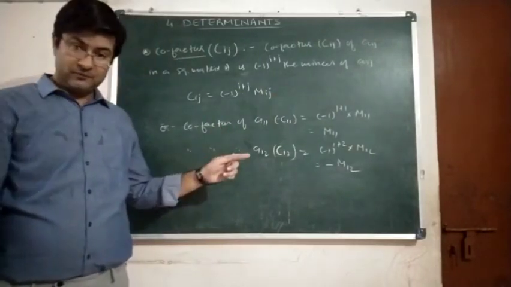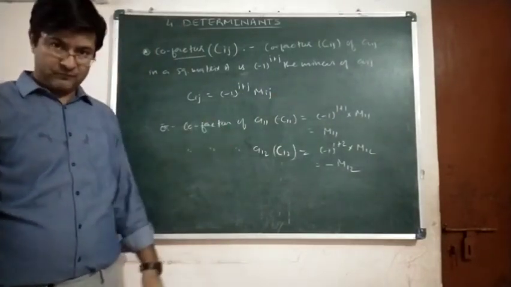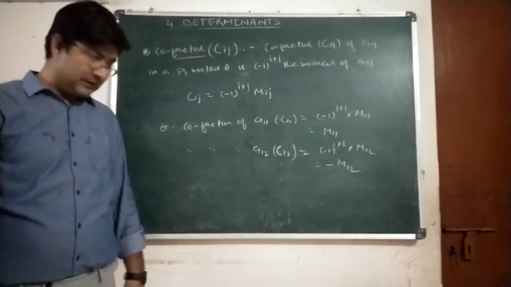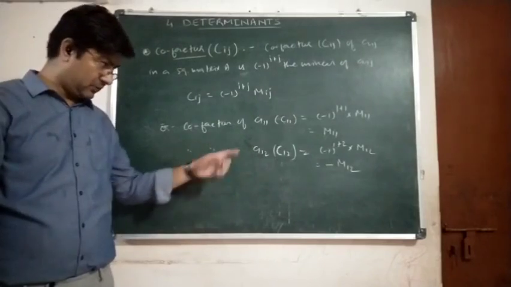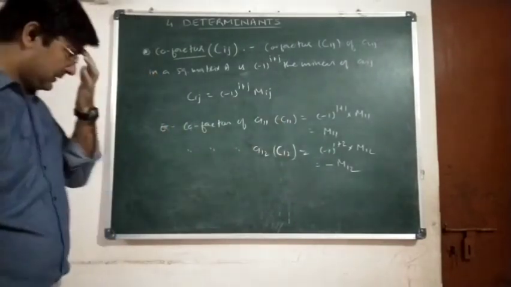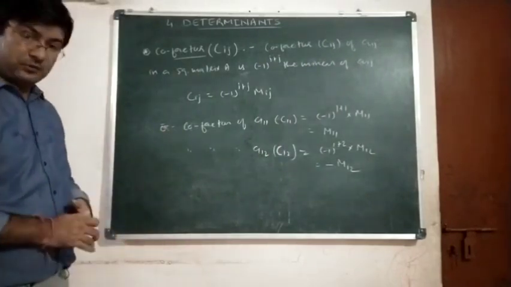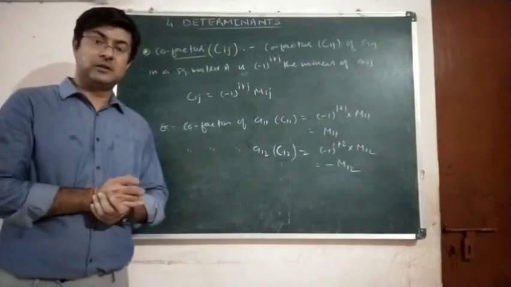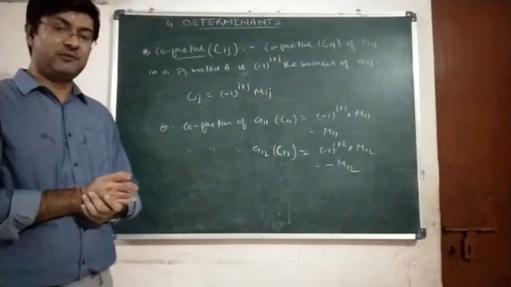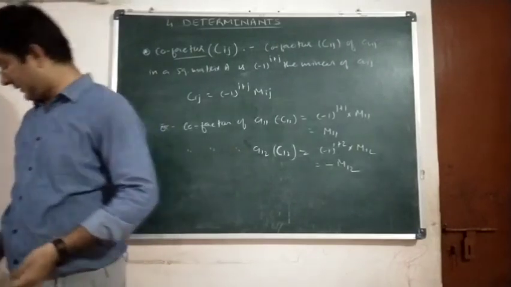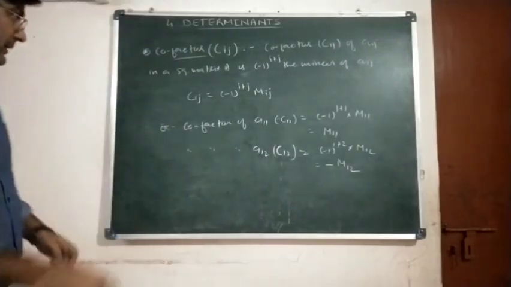So the cofactor of an element will be equal to the minor if the power of minus 1 is even, and for odd power the cofactor will be equal to minus of the minor. Clear? So in this way you can calculate the cofactor. We will take one example to see the cofactor; we will find the cofactors of a few elements in a given matrix.